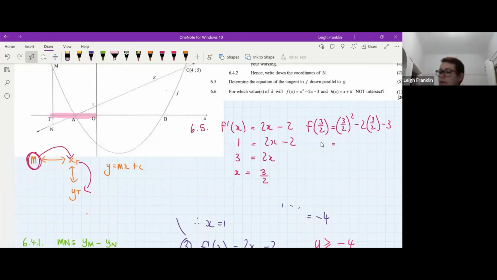I did this earlier, and my answer is negative 15 over 4. Are you guys getting the same answer?